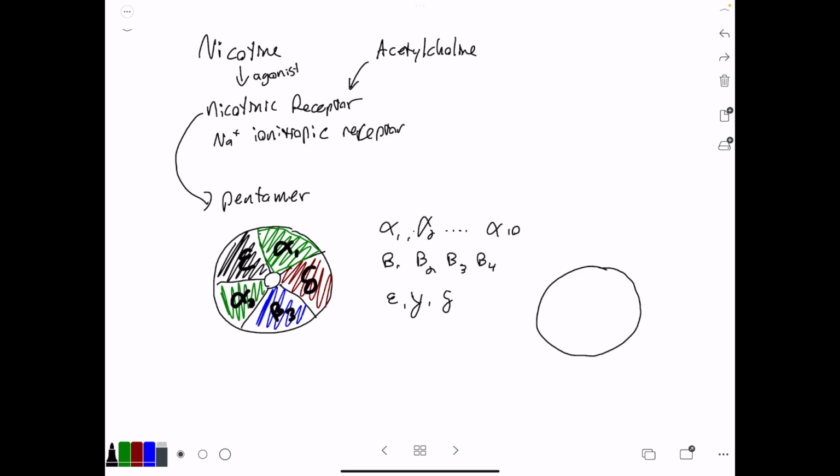And specifically, it is what we call alpha 7 homopentamer. And so you might be able to guess what that means based on the name homopentamer. So it's all the same. So that means all of our subunits here are all alpha 7.